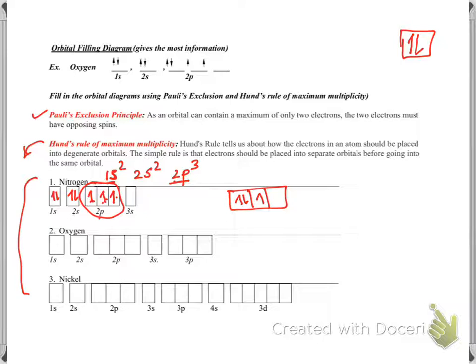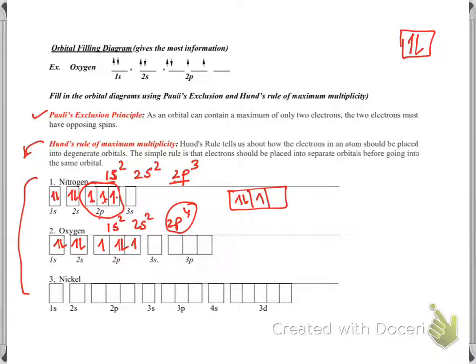Let's take oxygen. Oxygen is 1s2, 2s2, 2p4. So here opposite spins, opposite spins. Now 2p4. How am I going to put these 4 electrons? First I am going to put 1 electron in each orbital, and then I will start pairing up.